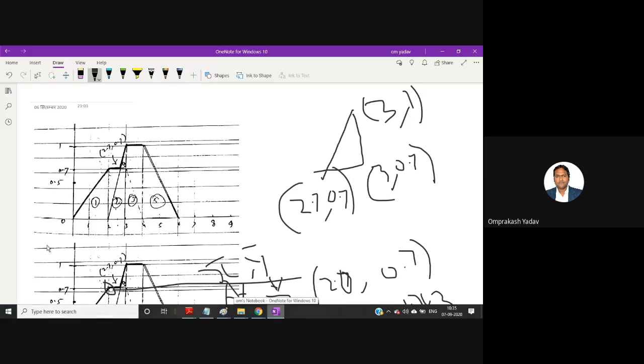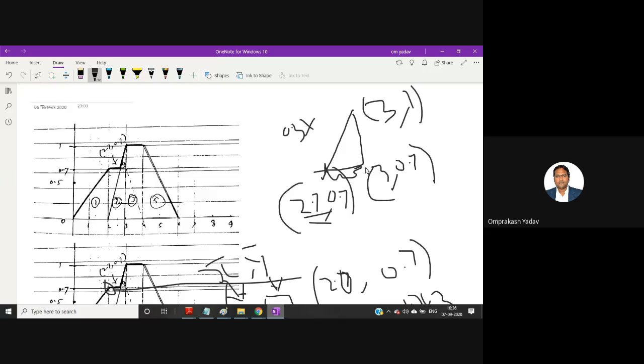Now, first of all, we want to determine the area for this particular triangle. To determine the area of this triangle, we should know this particular width. What is the distance from this point to this point? This is 2.7. We can simply see the x coordinate 2.7. It's very simple, right? From the figure also it's visible. 2.7 to 3. So what will be the total width? 3 minus 2.7, so it will be 0.3.